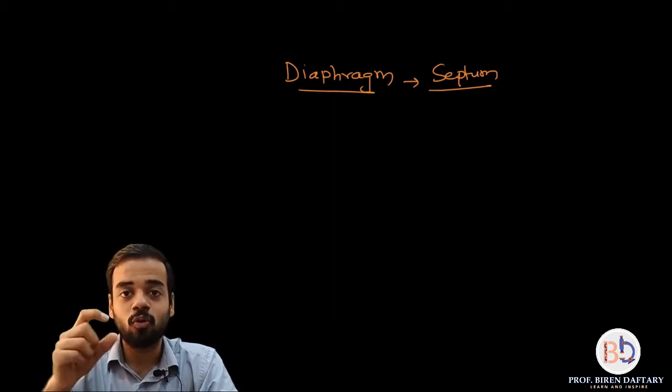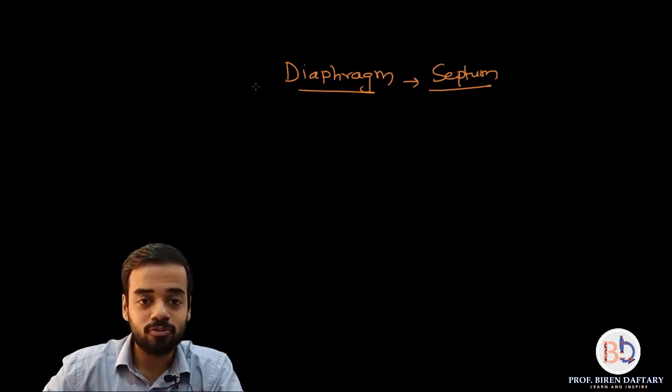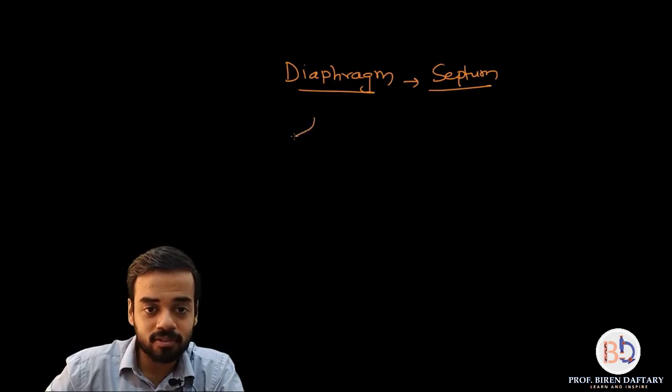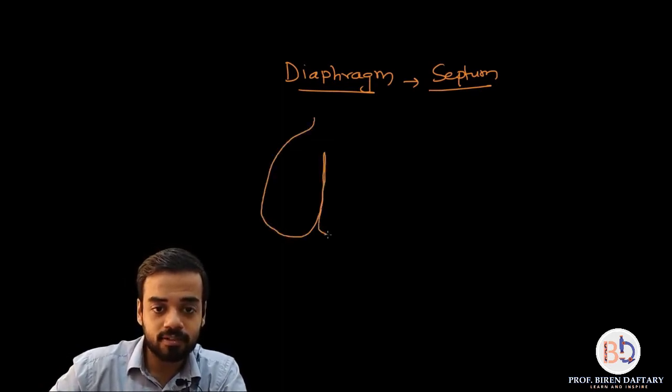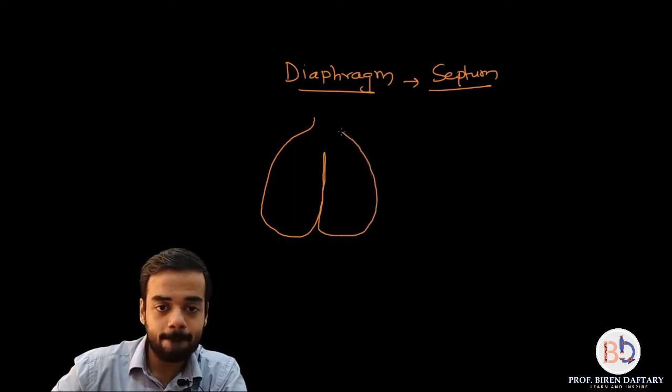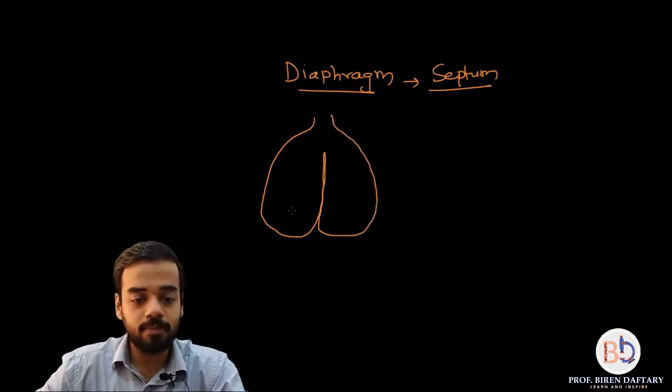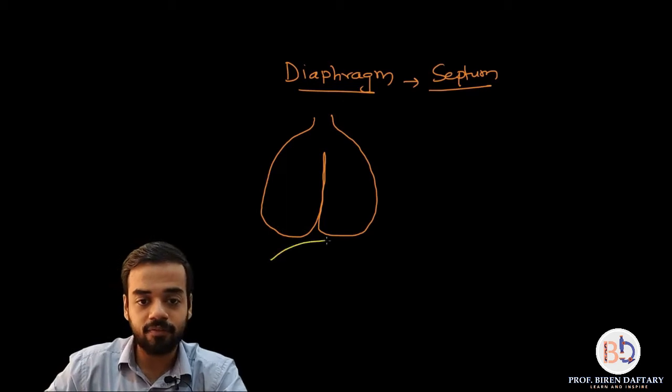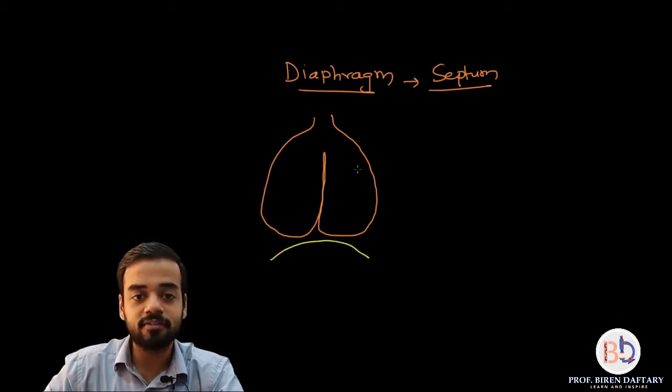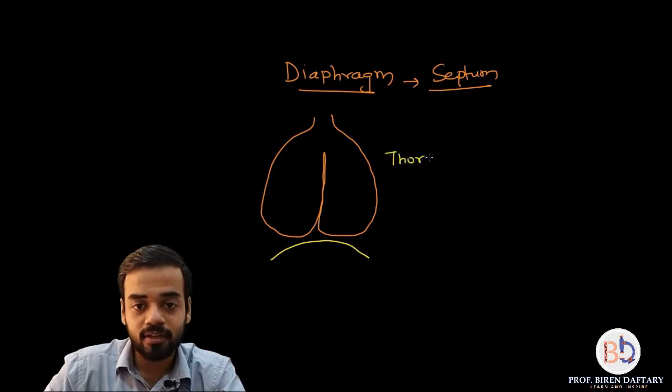Okay, so what is the diaphragm doing? So basically if you remember the structure, right, so these are the lungs. Okay, and below the lungs this diaphragm is present. So this area is called the thoracic cavity, right?